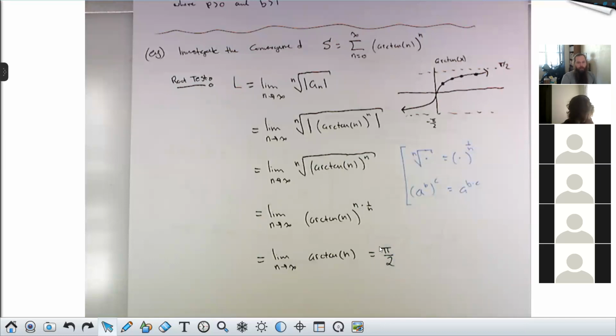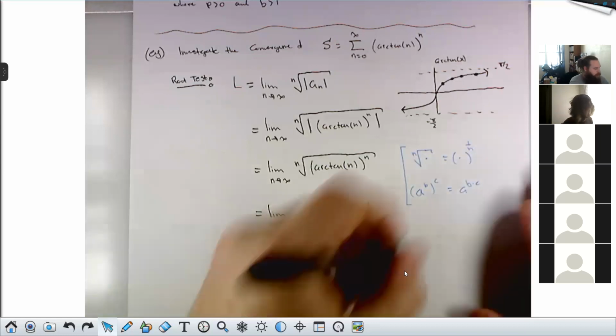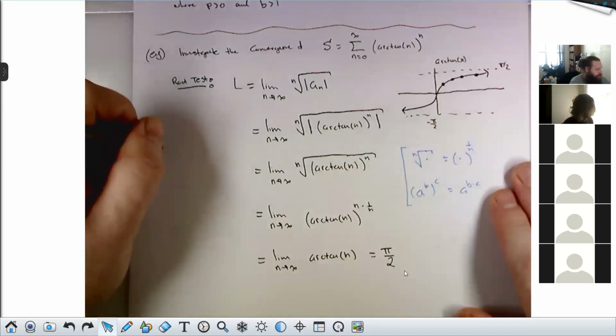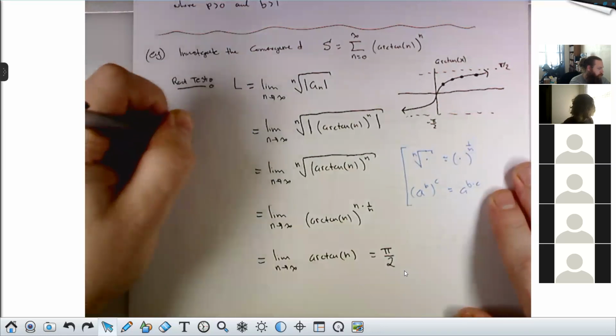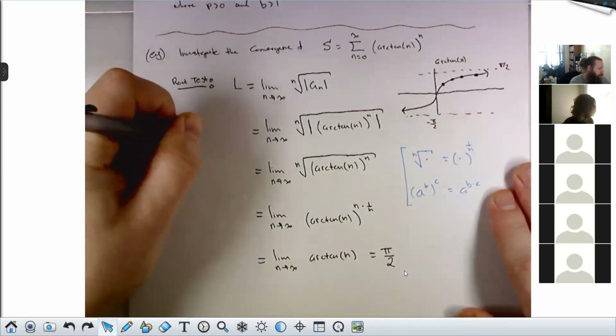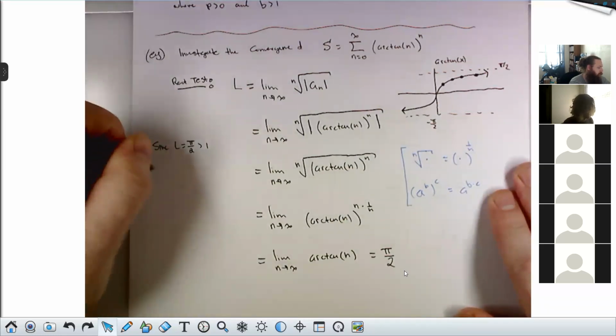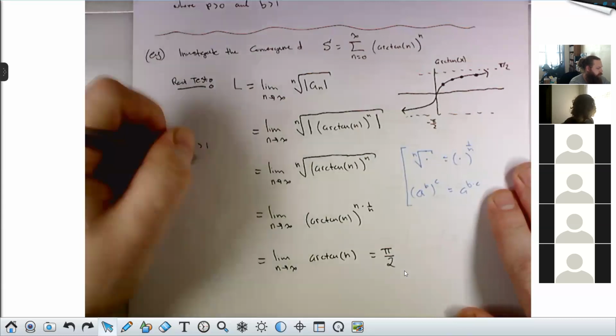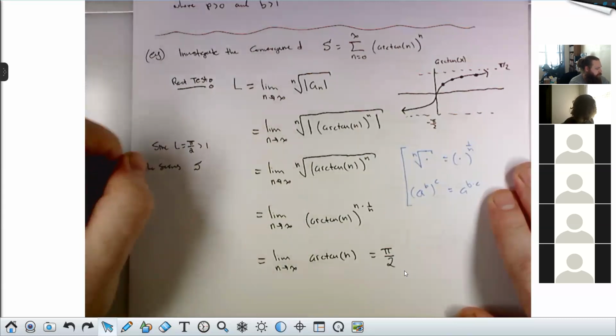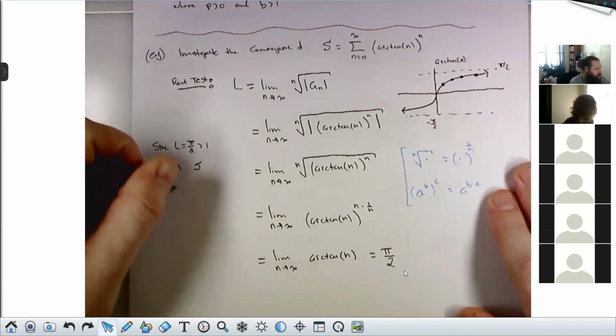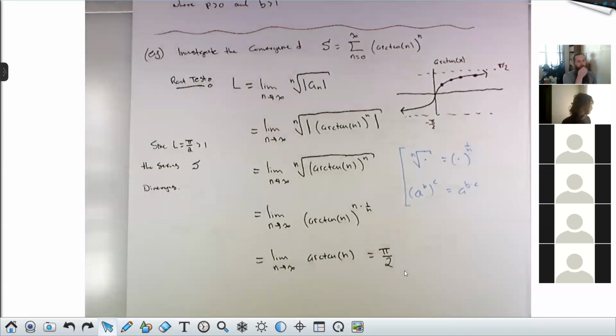So pi over 2 is a little bit bigger than 3 halves. So since L equals pi over 2, which is larger than 1, the series S diverges. And that's job done here.